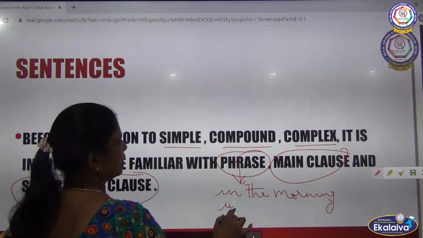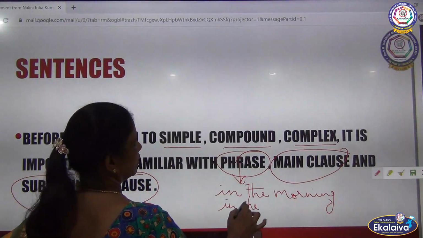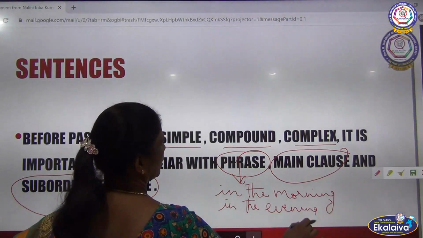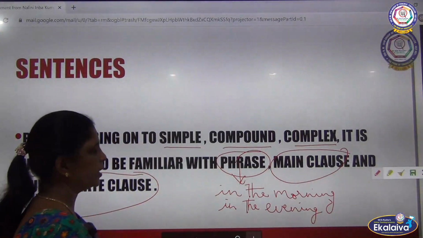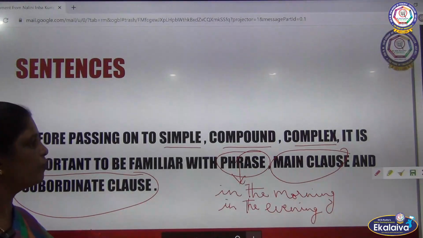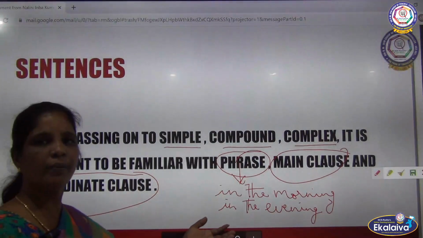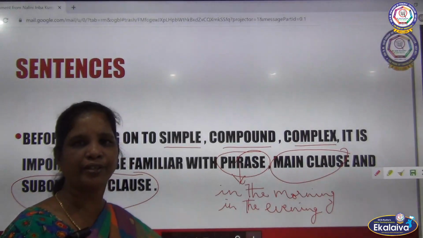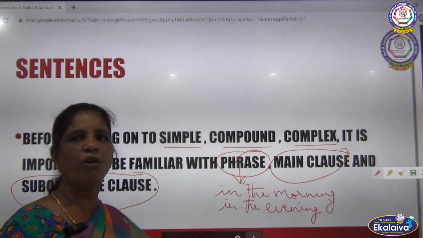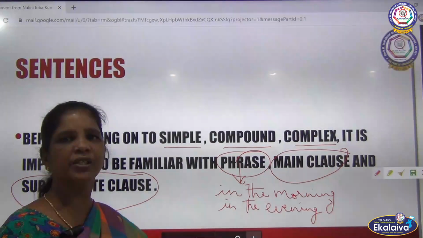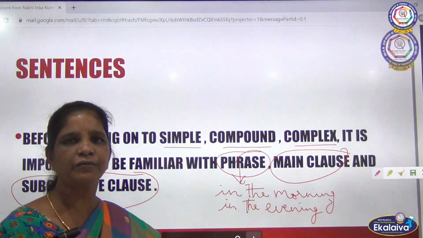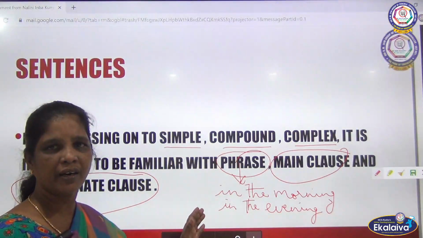In the evening. In the evening. So in the morning, in the evening, it is a phrase. There is no verb in it. In the corner of the street. At school. These are all groups of words which give meaning, but have no verb in them. It is called a phrase. It is clear, children? Okay.